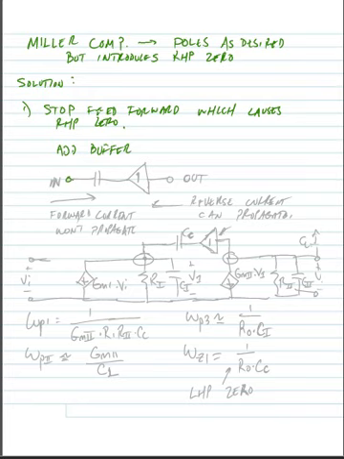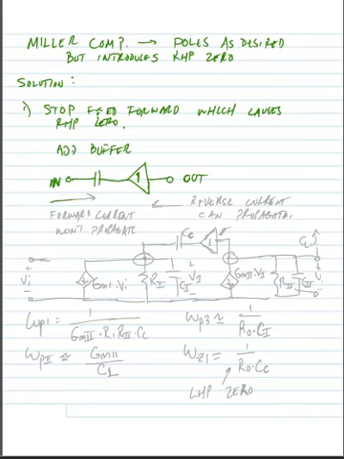So imagine that we have our compensation capacitance and we put an ideal voltage buffer in the reverse direction. Our ideal voltage buffer has a gain of 1. So this is our output now and our input from the perspective of the compensation.